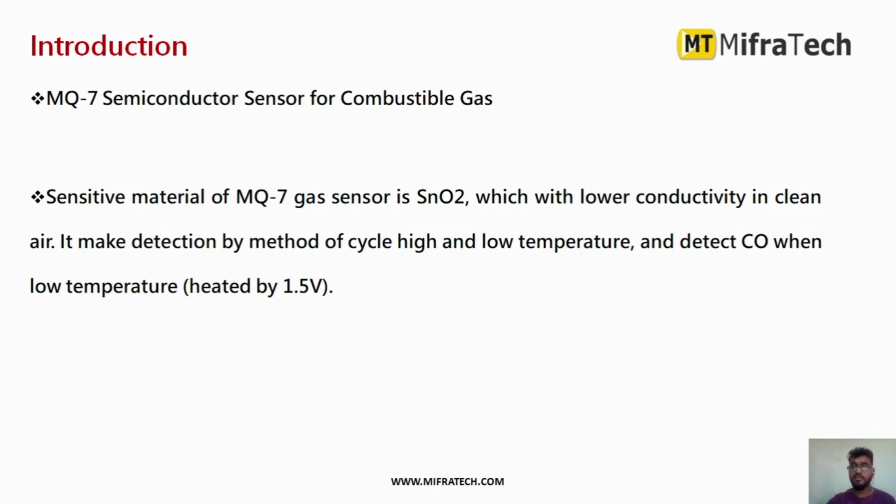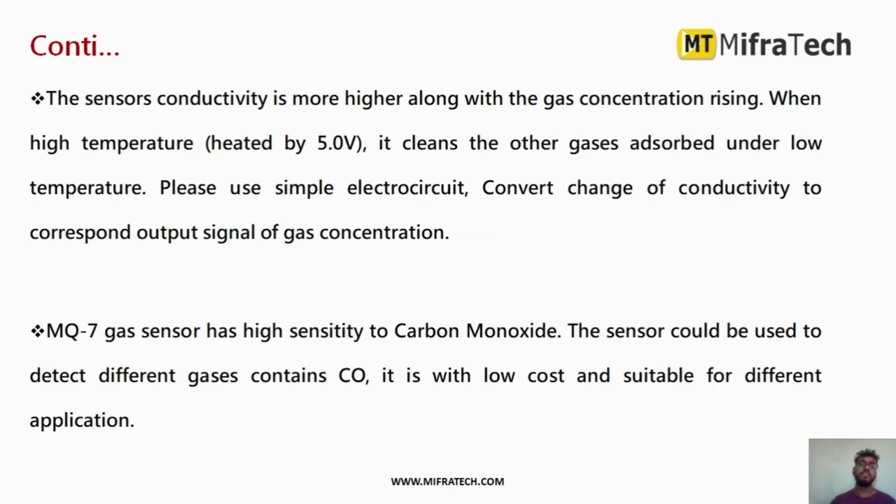Based on the increasing conductivity, we can detect whether a gas is present or not. We can also get analog values of the concentration of gas detected. The sensor conductivity gets higher as the gas concentration rises, so depending on that, it measures the concentration of gas.